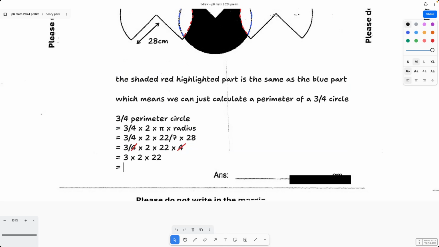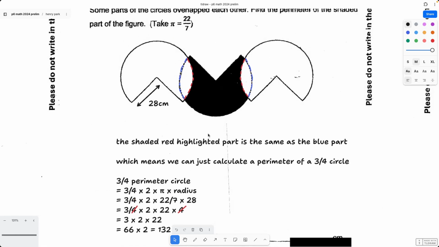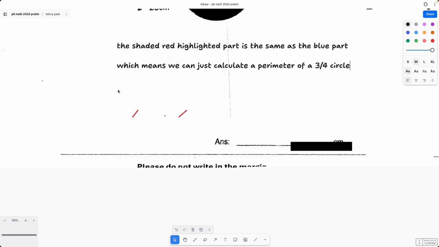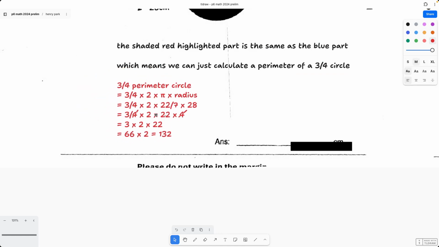So let's do this. 66 times 2 goes to 132. Okay, 132. So there's the 3/4 perimeter, and then we add the shaded area.